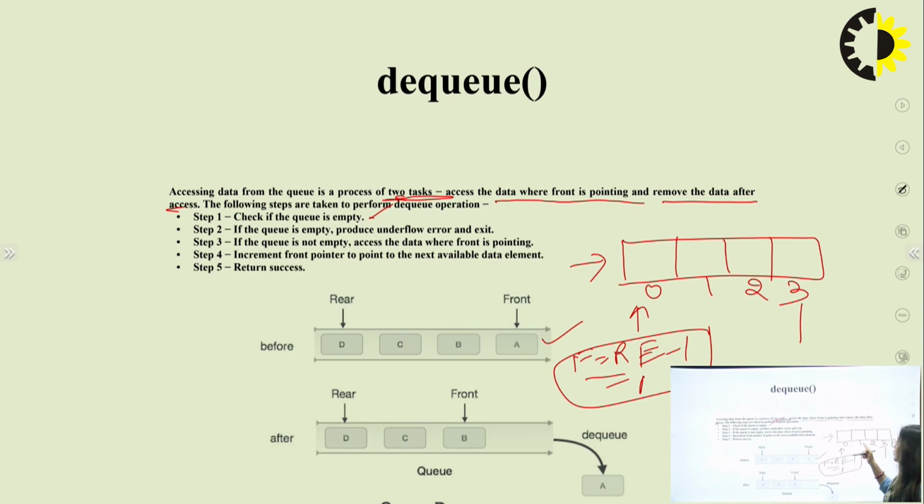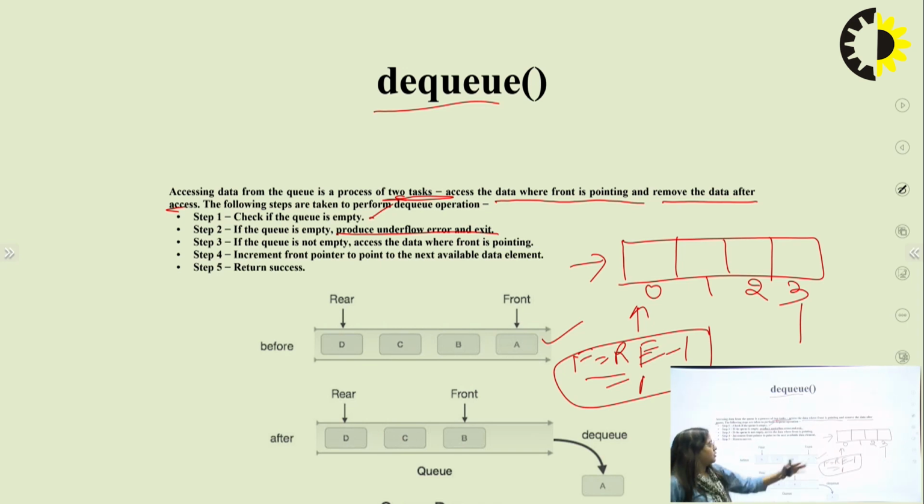So there is no element, and now you want to apply the DQ operation on this queue. Then produce the underflow condition and exit, because there is no element to remove here. Front and rear both are -1, which means no element in this queue, so you cannot remove any element from this.